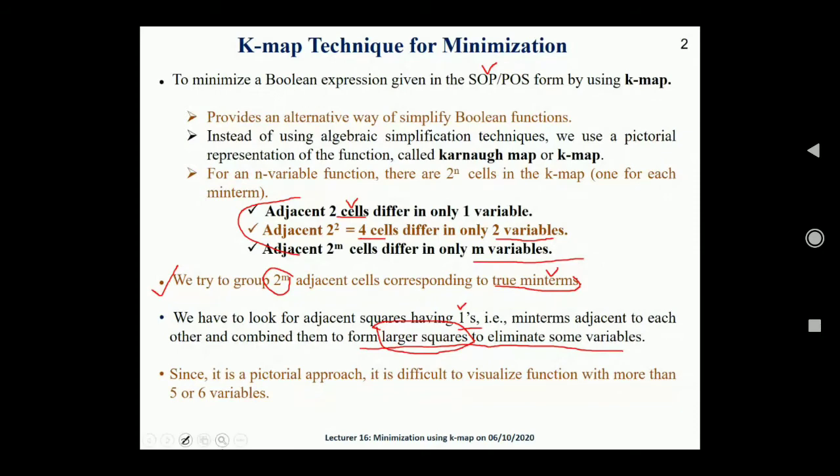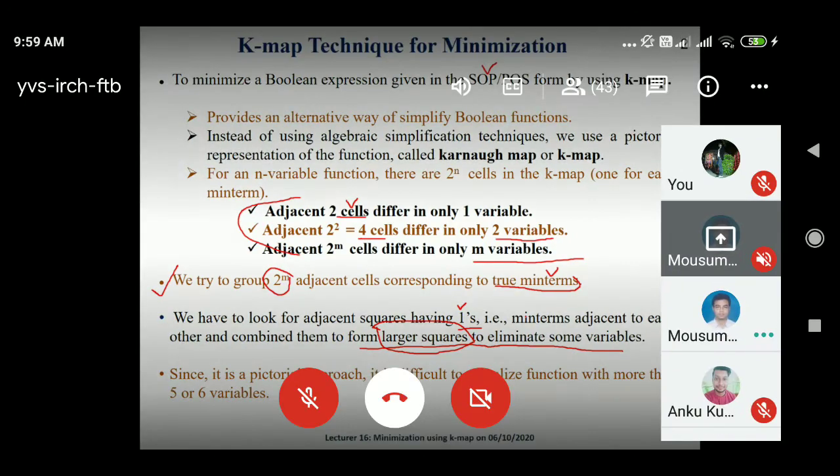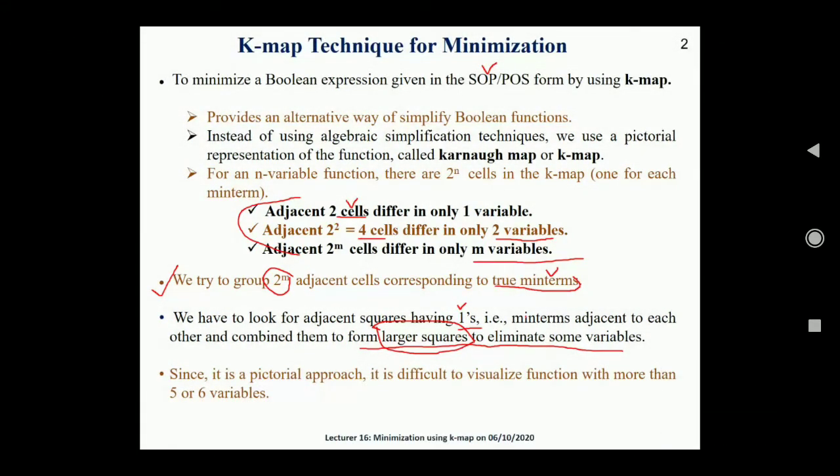But the problem is that in KMF, I have already told some disadvantages are there. KMF can be applied very efficiently only for 4 variables, where the function has only 4 variables. But when we are using more than 4 variables, suppose 5, 6, or 7 variables, this pictorial representation is very complex, and it is very difficult to extract the expression.